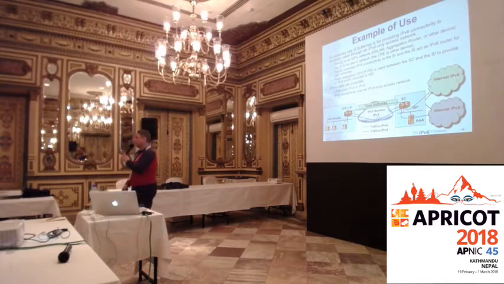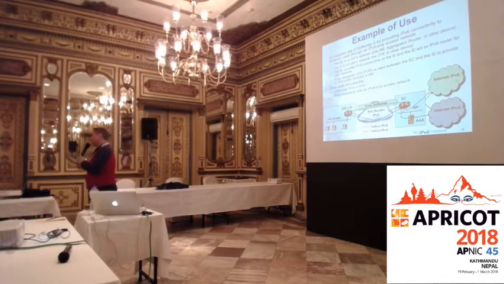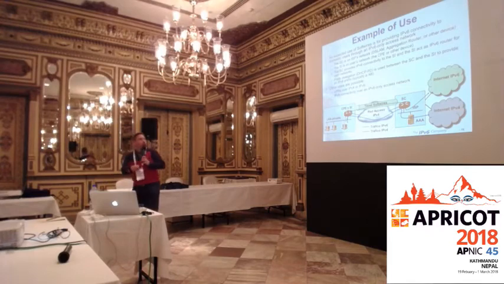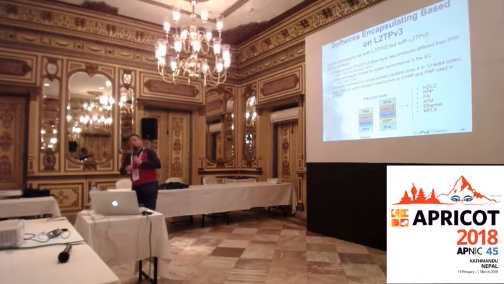It offers the advantage of having AAA, so you can authenticate the tunnels, and it's automated. So that was the idea. We worked on that using both L2TP version 2 and version 3.